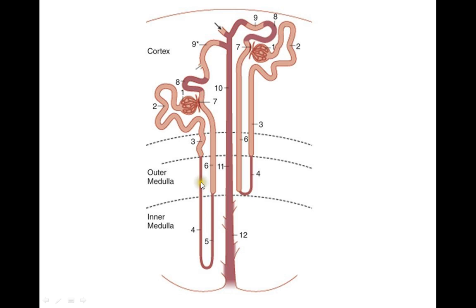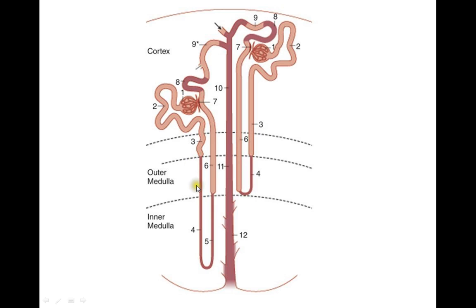Please compare this loop with this one. What are the differences between these two? Think a moment, please. Yes, as you can see, the loop of Henle in this nephron is longer than this one.